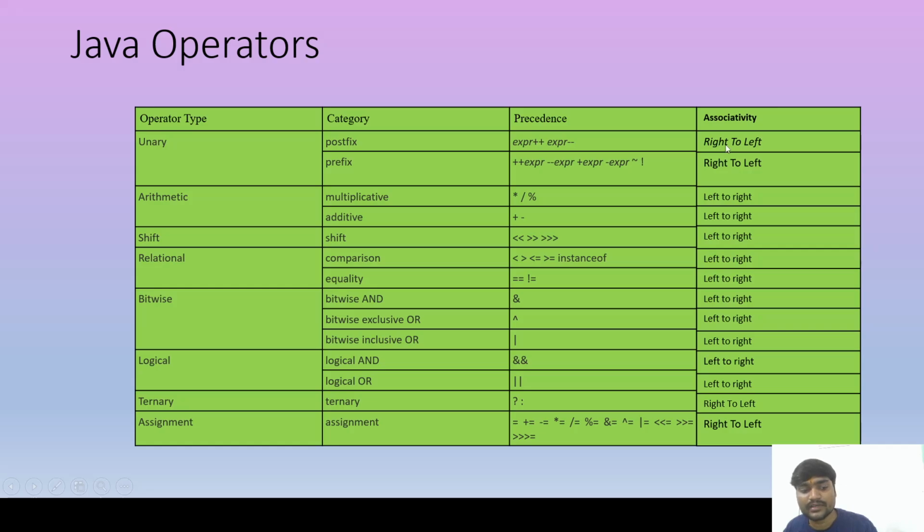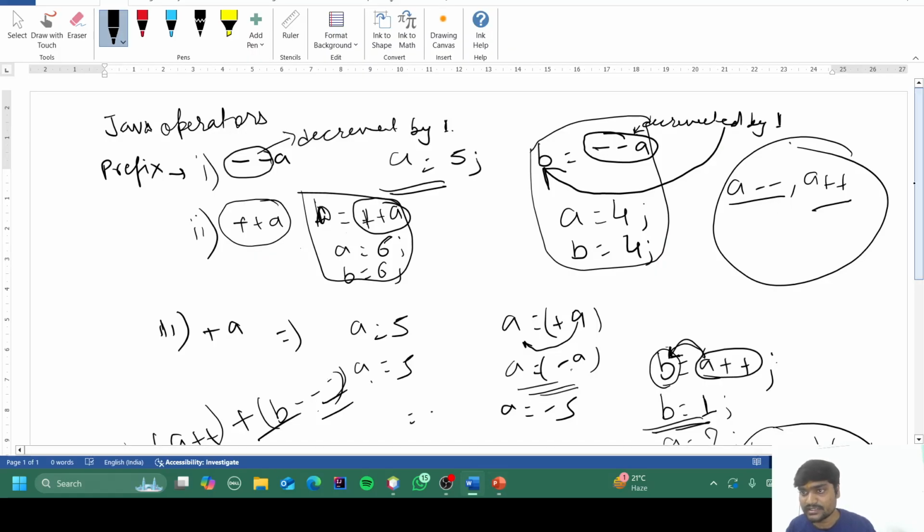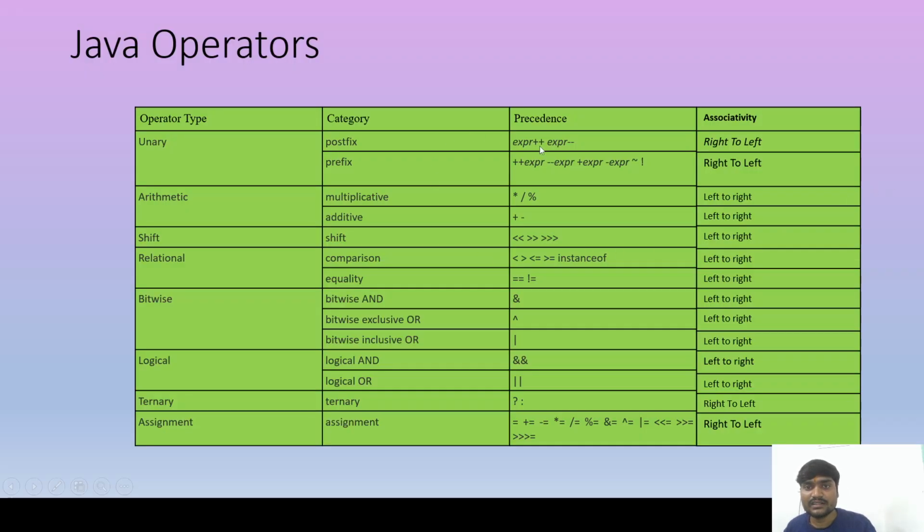It will be operated from right to left. That means whatever is written on the right side will be executed first and then the other will be executed second. So this is associativity. It tells which operator will be operated first if they belong to the same category.